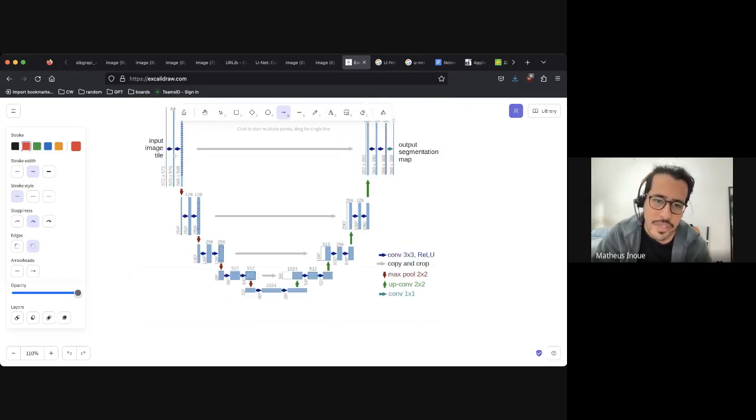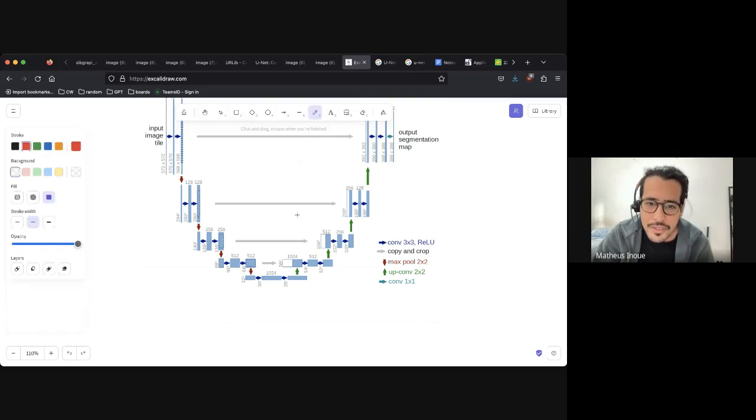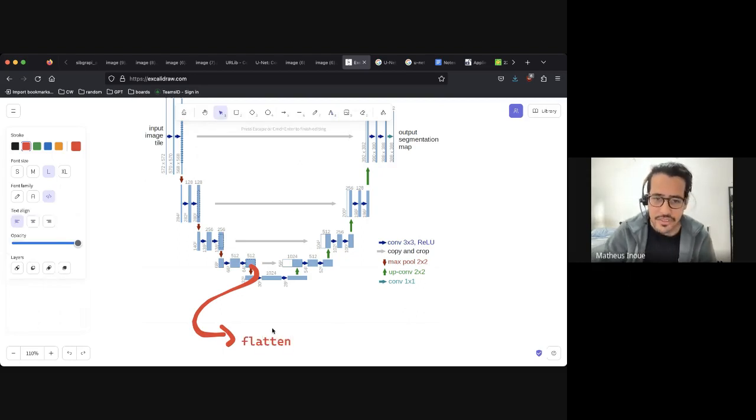So basically, what would be a classic neural network for classification? We have a very similar path here, at the start, this contracting path with the max pooling operations, but then in the end you don't do that. So let's say you apply a large filter, and you apply a flatten operation on the feature map.